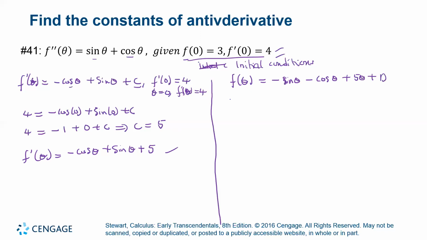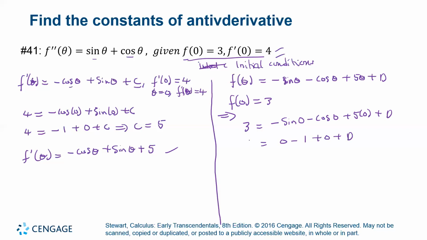Okay, but we are given this initial condition that theta equal to 0, f is equal to 3. That means we have 3 is equal to minus sine 0 minus cosine of 0 plus 5 times 0 plus d. And then this gives us 0 minus 1 plus 0 plus d equal to 3.